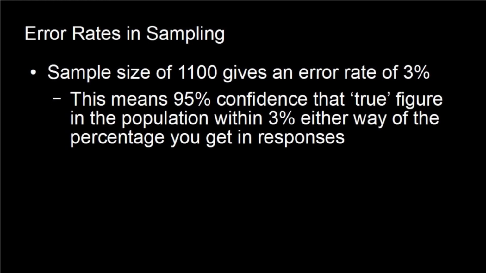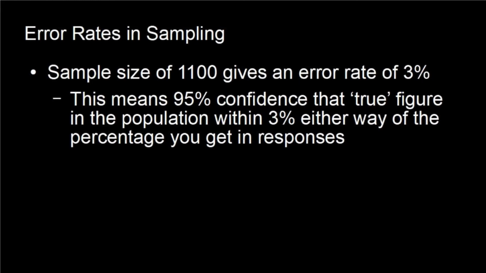But because the unit of randomization was churches and not individuals, I actually needed a very large sample. I aimed at getting 400 churches to participate in that survey. 1,100 people in a survey gives you an error rate of 3%.